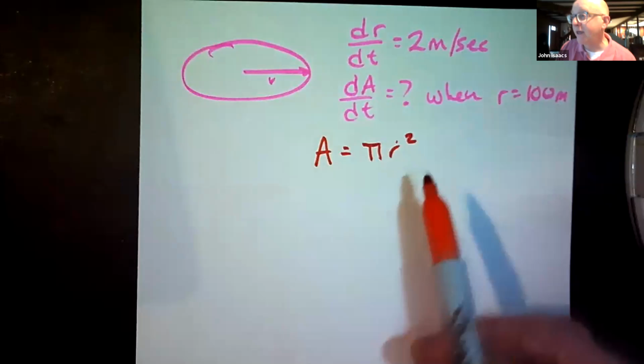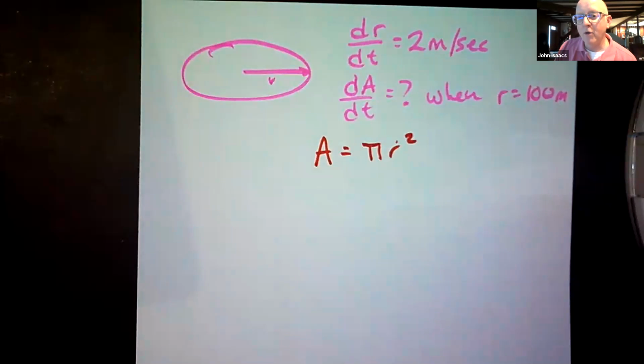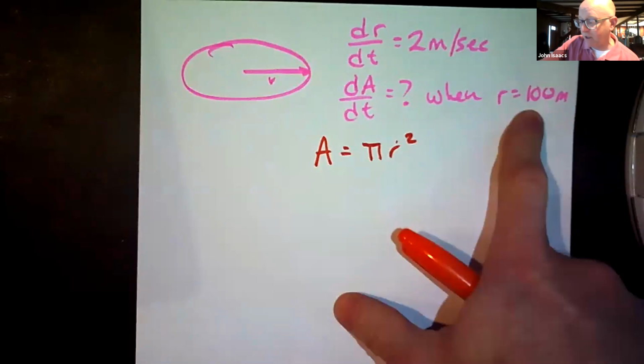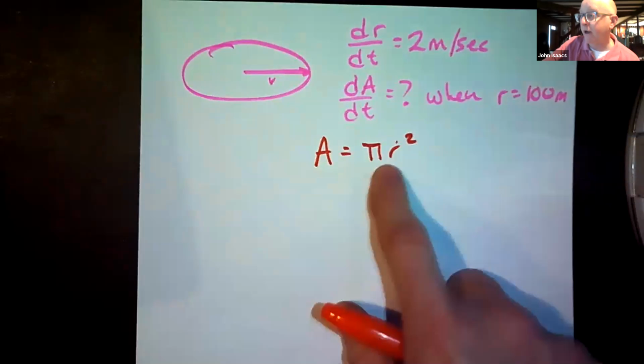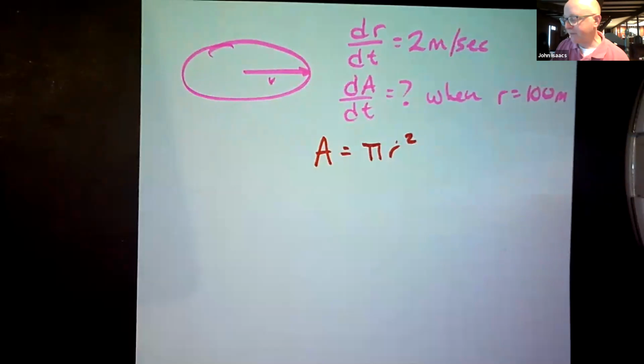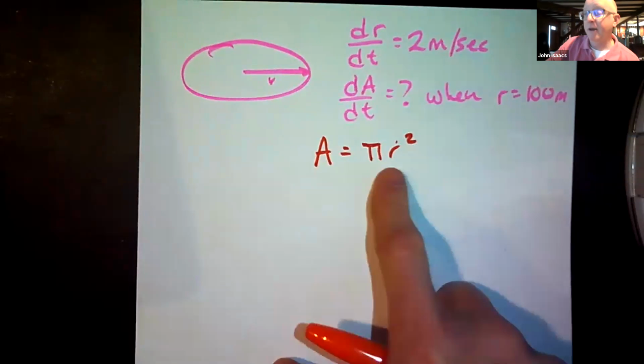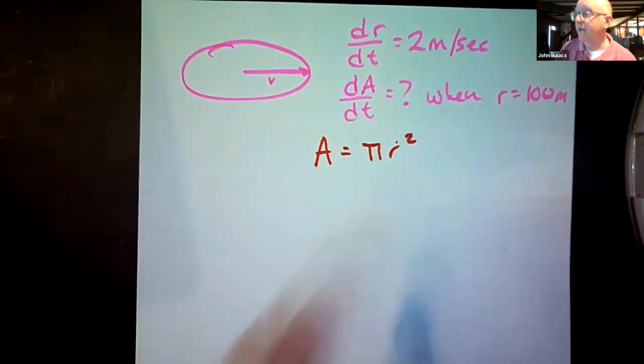One of the key mistakes that students make when we start with this is we have to do a substitution. We have to substitute this 100 in for r at some point. But if we substitute it in now, we're substituting in algebra.